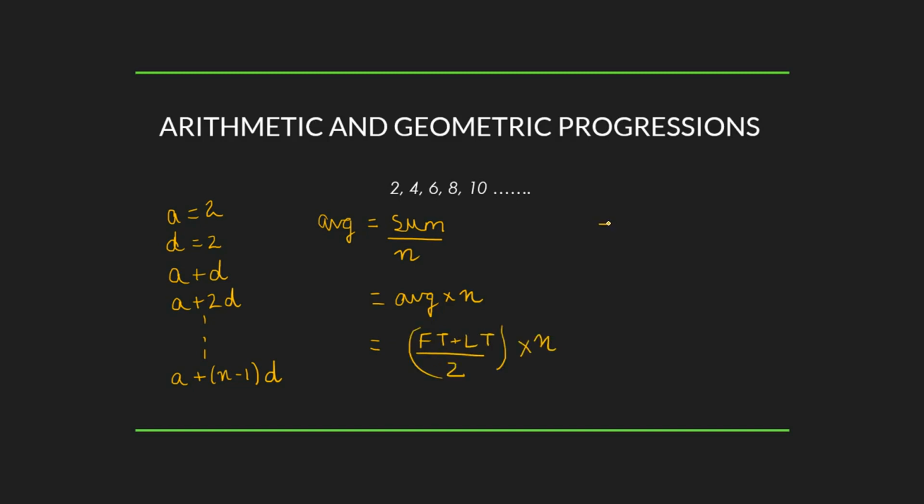So we have the first term as a and the last term is a plus (n minus 1) into d. Taking the 2 outside, we have n by 2 here. So the sum is given by n by 2 into (2a plus (n minus 1) into d).